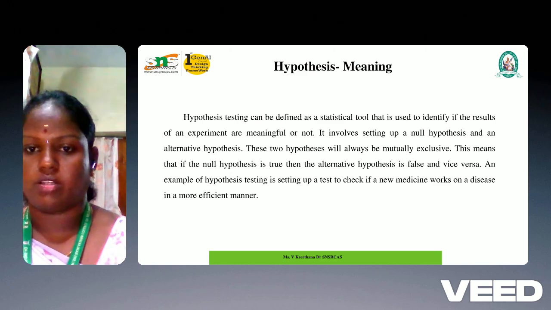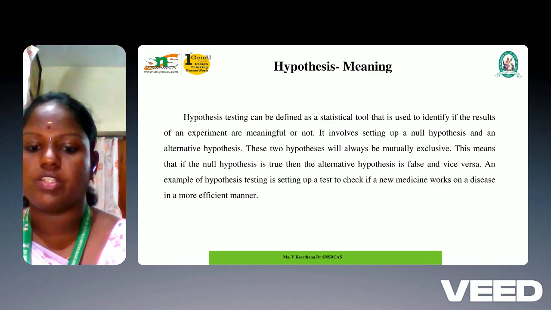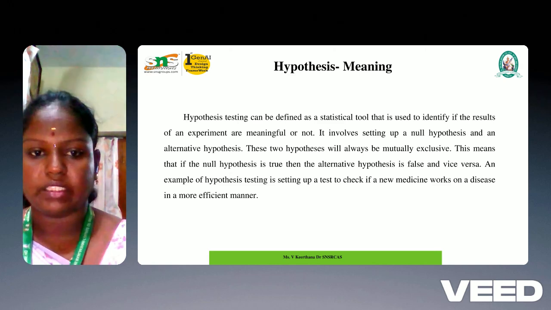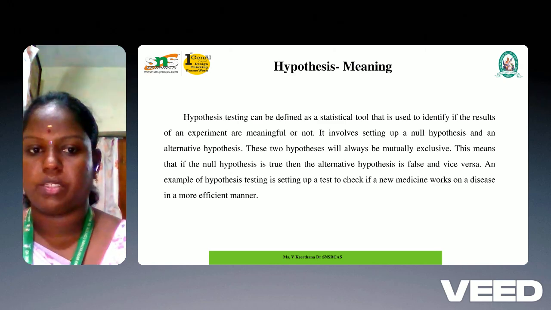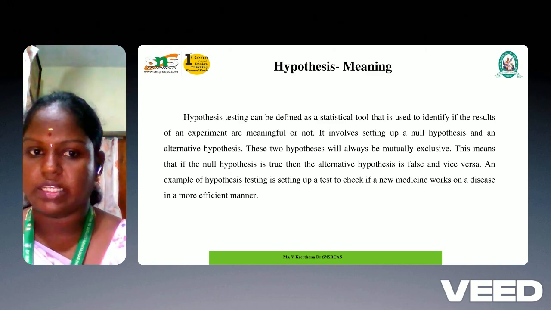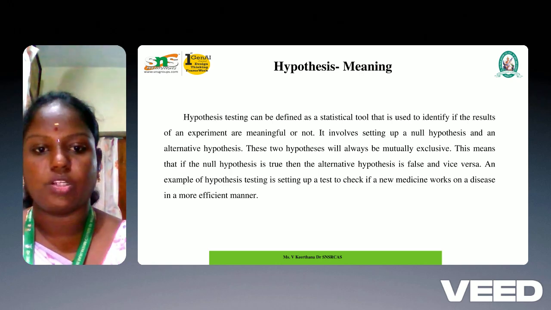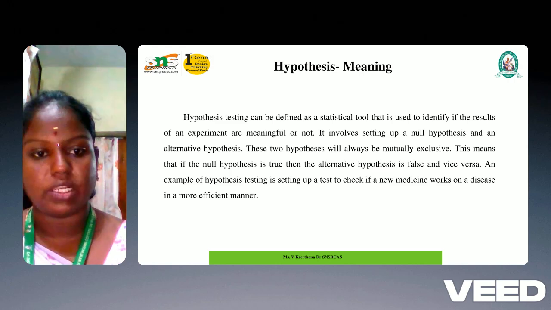Simply we can say hypothesis is a prediction which is helpful to predict the relationship between population and whomsoever. It involves setting up a null hypothesis and an alternative hypothesis. These two types of hypotheses are mutually exclusive.